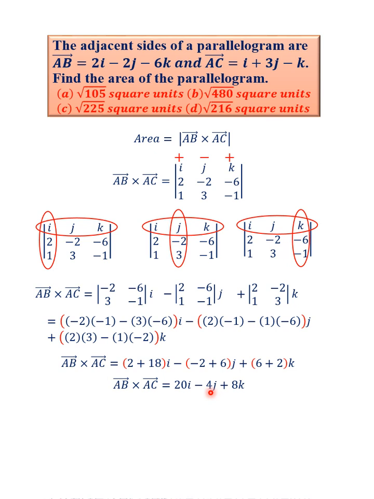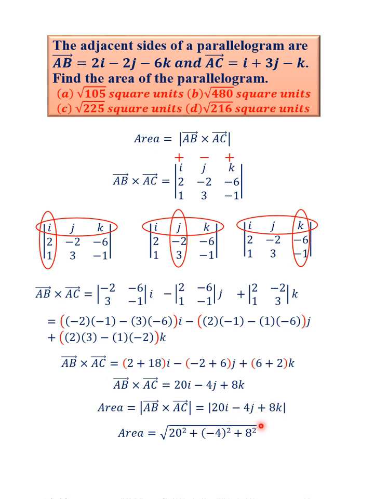Now that we've obtained the cross product, the area is simply the magnitude of the cross product, which will be equal to the magnitude of the result we've just obtained. How do we determine the magnitude of a vector? The magnitude of a vector is the square root of the sum of the squares of each term.